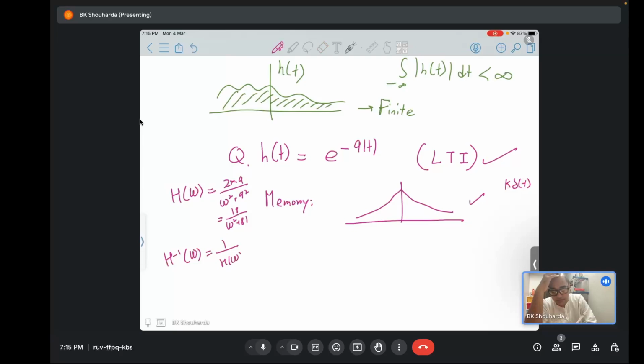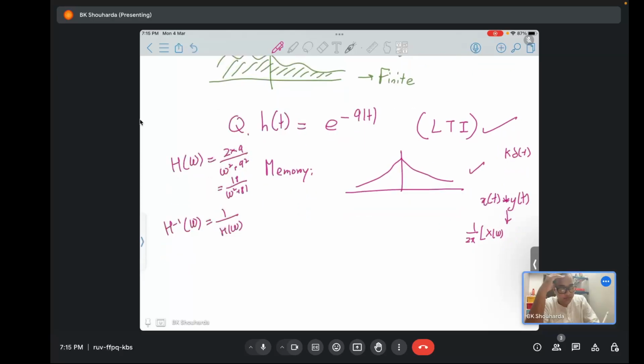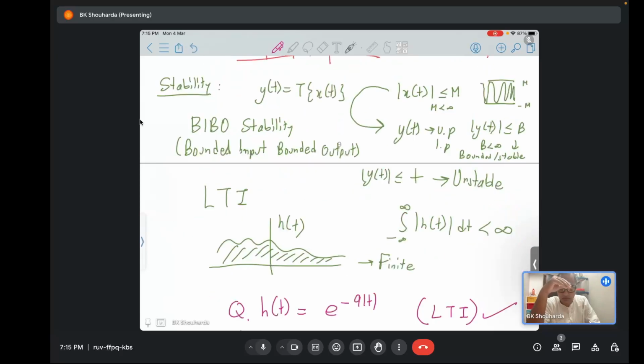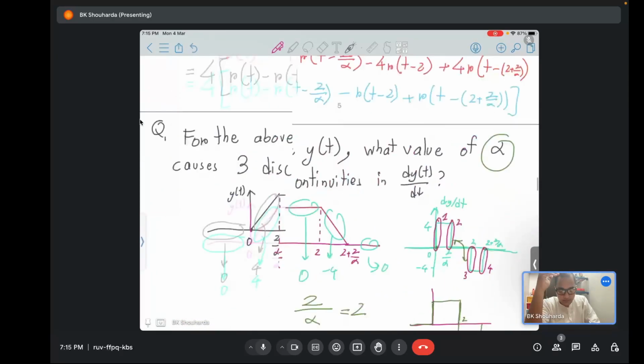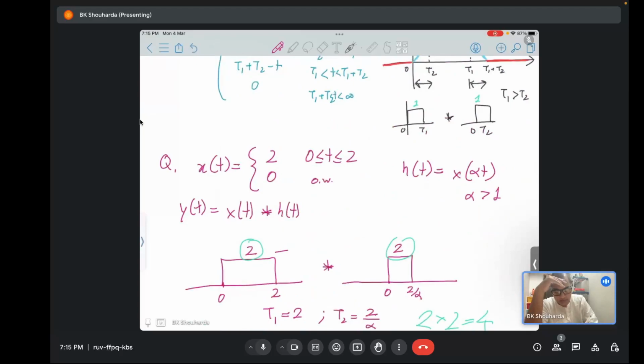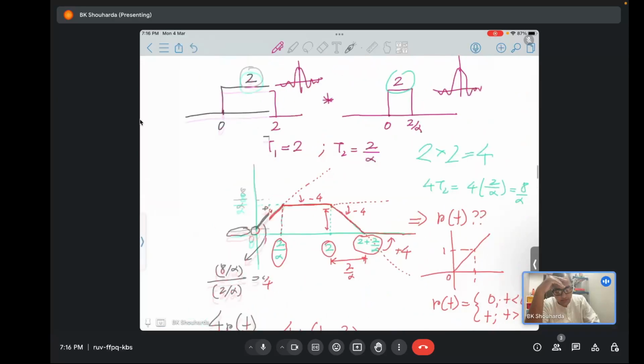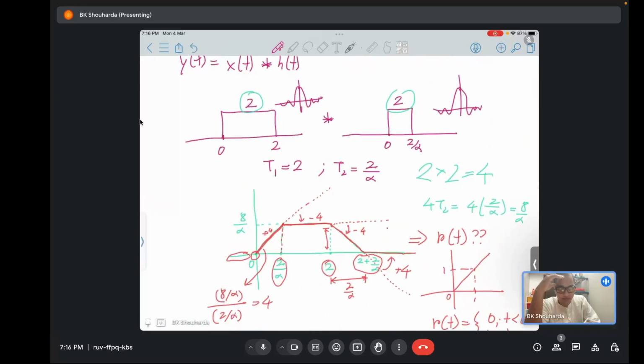Let me tell you an important property. If you have two signals x(t) convolved with y(t), their corresponding operation in the Fourier transform is the product. So convolution in the time domain becomes product in the frequency domain. So if I ask you to calculate the Fourier transform of this, you don't need to do all that math, because there is a t term and those integrals are very difficult to do.